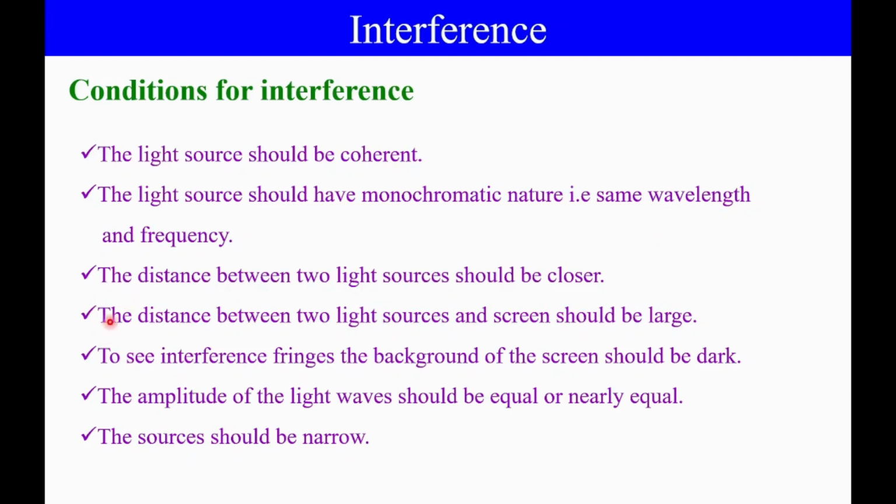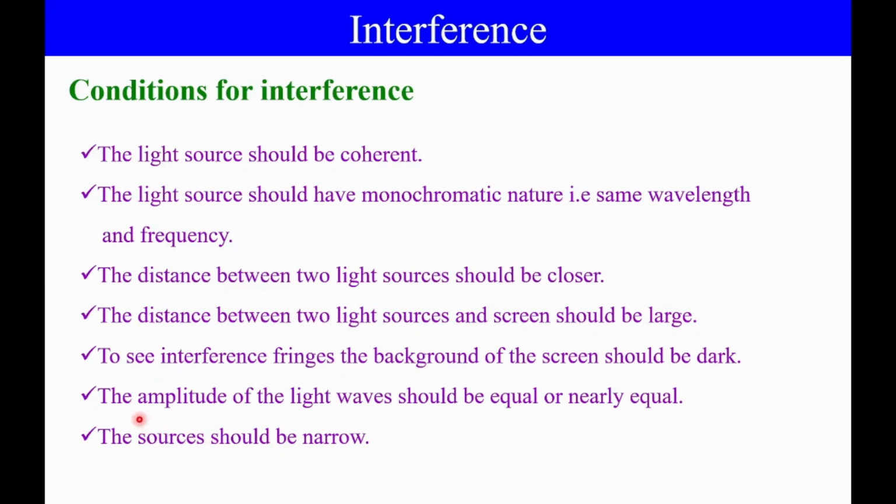Coming to the third condition, the distance between the two light sources should be small, then only superposition is possible, then only we will get the interference phenomenon. Another condition is that the distance between the two light sources and the screen should be large. To see interference fringes, the background of the screen should be dark.